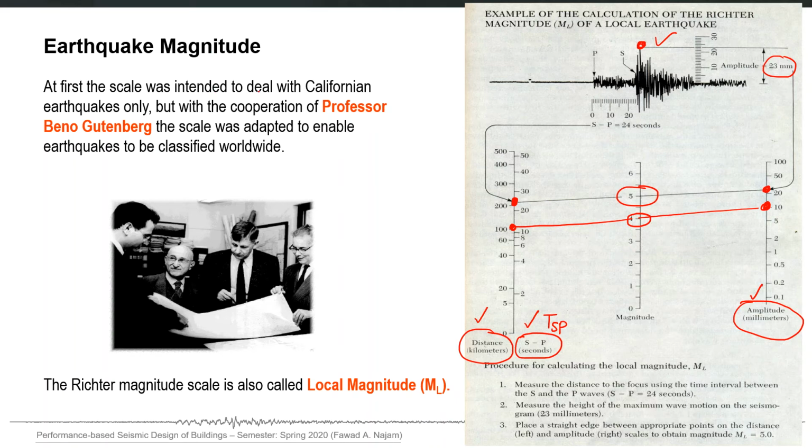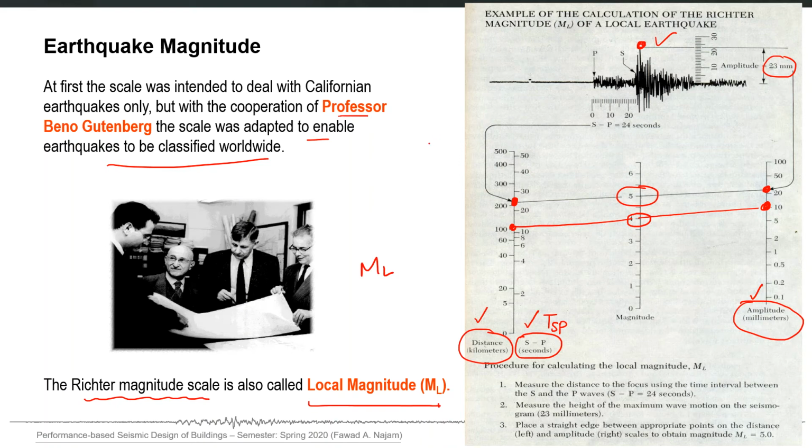At first, the scale was intended to deal with Californian earthquakes only, but with the cooperation of Professor Benno Gutenberg, the scale was adapted to enable earthquakes to be classified worldwide. So this Richter magnitude scale is now also called the local magnitude scale, represented by ML. L is for local.